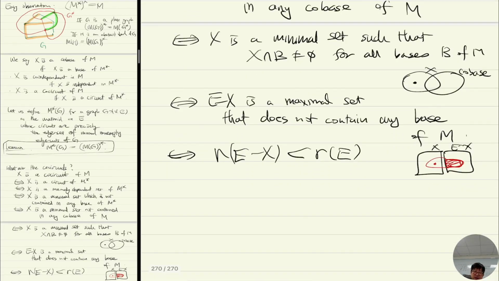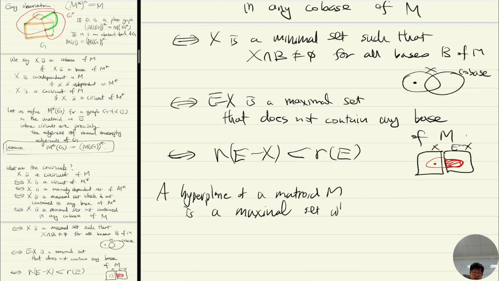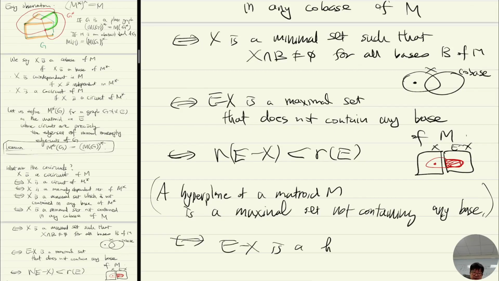So let's call such a thing a hyperplane. A hyperplane of a matroid M is a maximal set not containing a base, that is, of smaller rank. Okay, then this means that E minus X is a hyperplane.